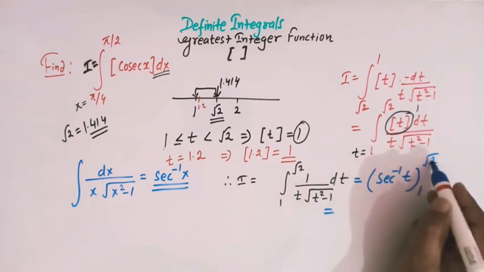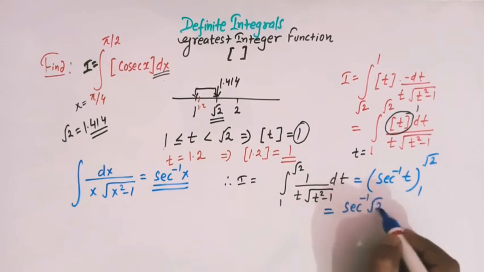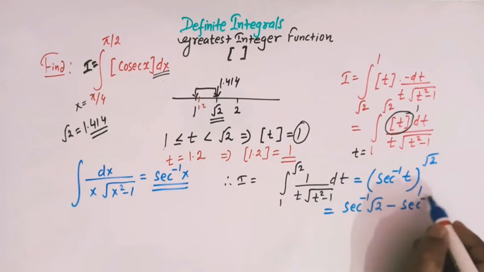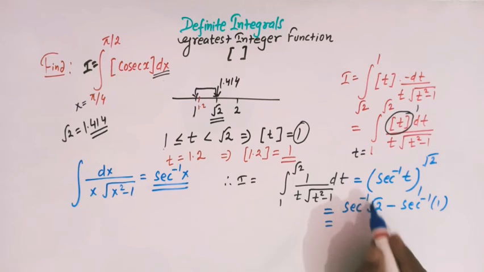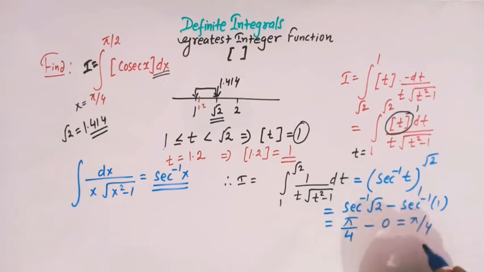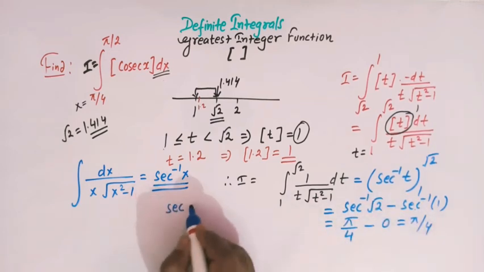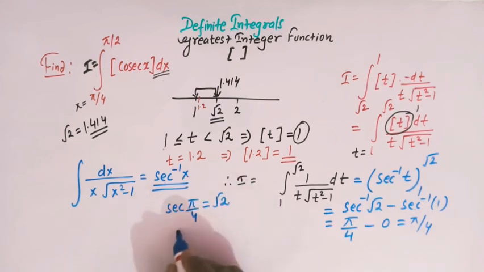Now we substitute the limits and take the difference. So we have sec inverse square root of 2 minus sec inverse of 1. Sec inverse root 2 is pi by 4, and sec inverse 1 is 0, because we know that sec pi by 4 is equal to root 2, and sec of 0 is equal to 1.